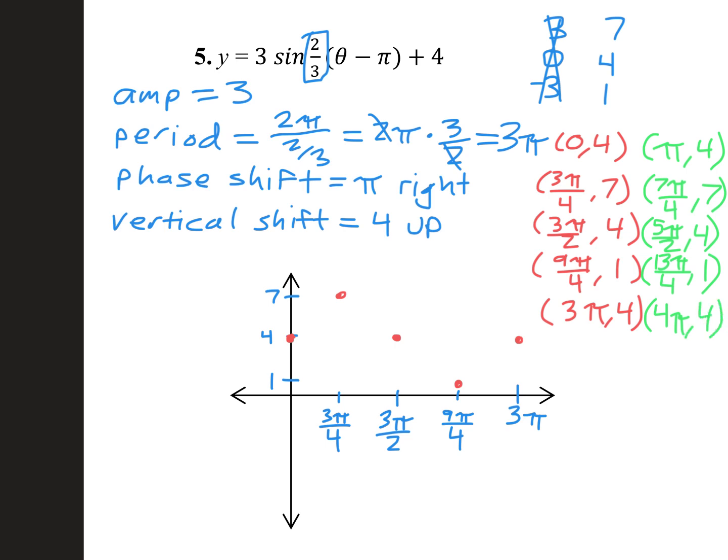All right, so graphing those points, it'll be tough to shift pi to the right because our x-axis is counting by pi over 4. So this is another one of those where we have to cut each little section into thirds. All right, so if the first increment was 3 pi over 4, if I cut that in thirds, each of these is pi over 4.